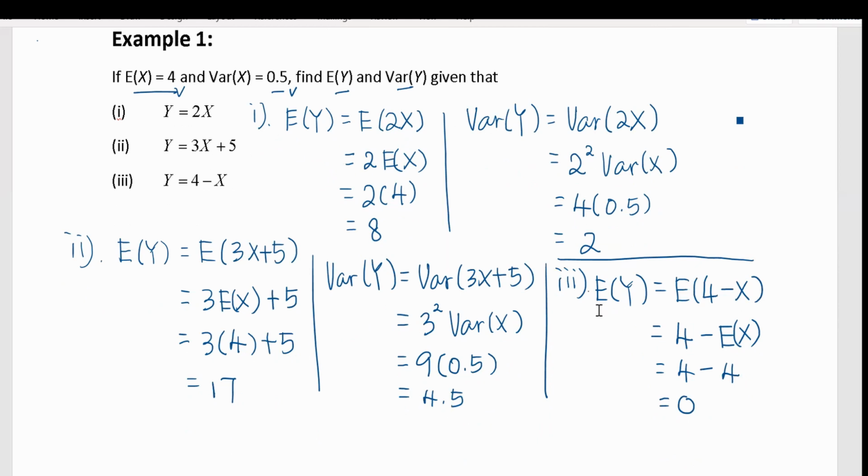Then we try to find out the variance of Y. Same thing for variance, the constant can be ignored, and the negative 1 next to X will be taken out and squared.